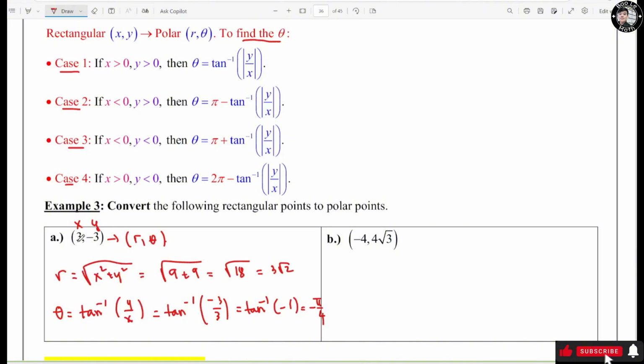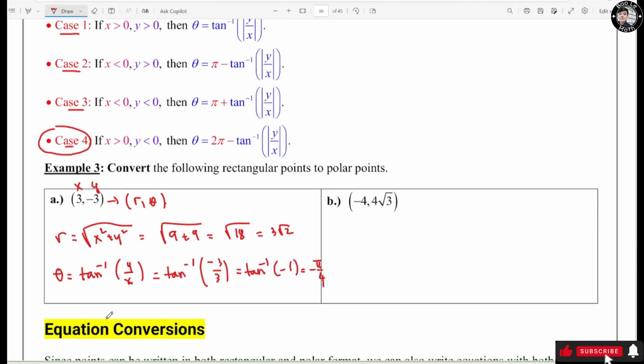Now since x is positive and y is negative, it's going to be case number 4 right here. Then angle theta is going to be 2 pi minus the absolute value of negative pi over 4.